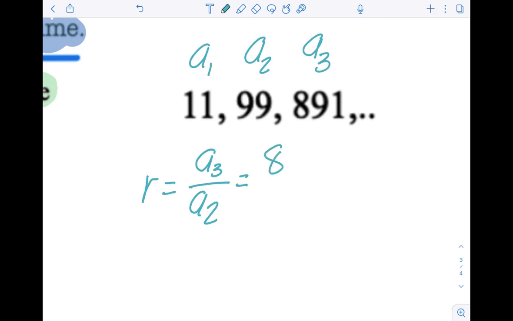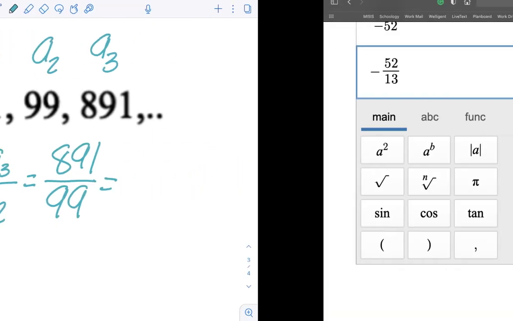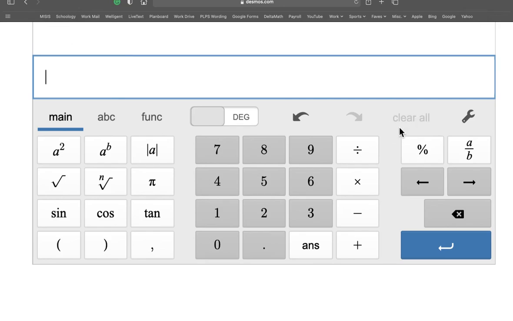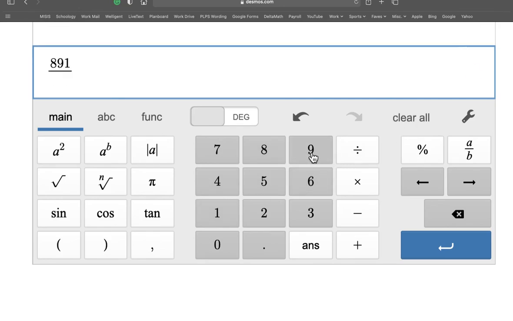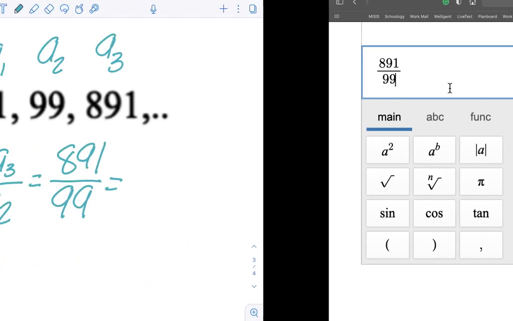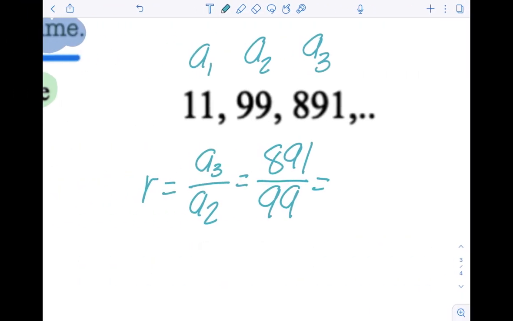So 891 is our third term. 99 is our second term. And that gives us, I'm not sure what that is, so I'm going to go over here and say 891 divided by 99. Look at that. That gives us 9. So 9 is our common ratio here, but let me double check.